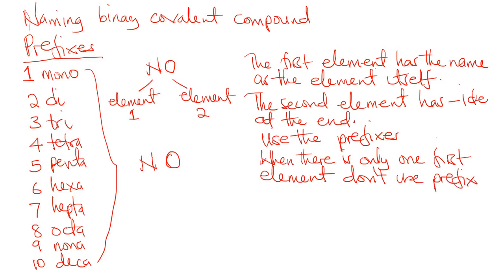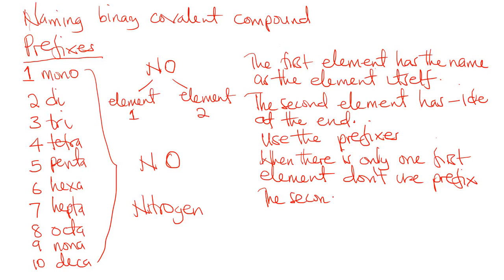For example, here there is one nitrogen here, so I'll just say nitrogen. So as we said, the first element has the name as the element itself, so this N becomes nitrogen. But because there is only one first element, we don't use prefix. There is only one nitrogen here, so we are just going to call it nitrogen. But the second element must always have prefix.